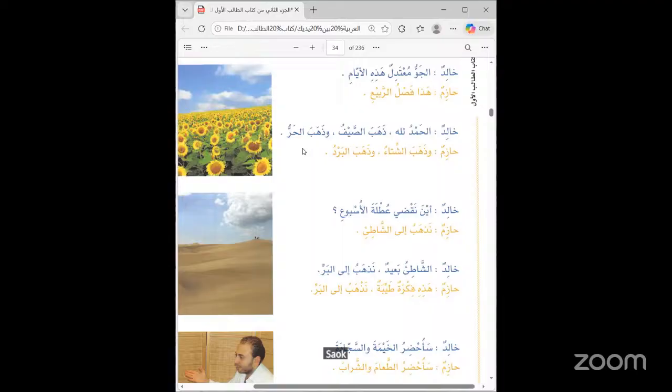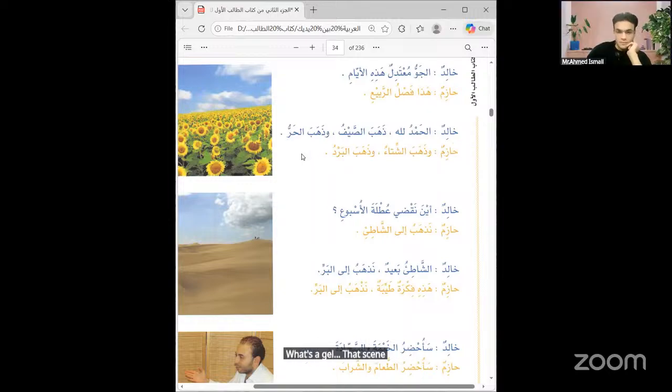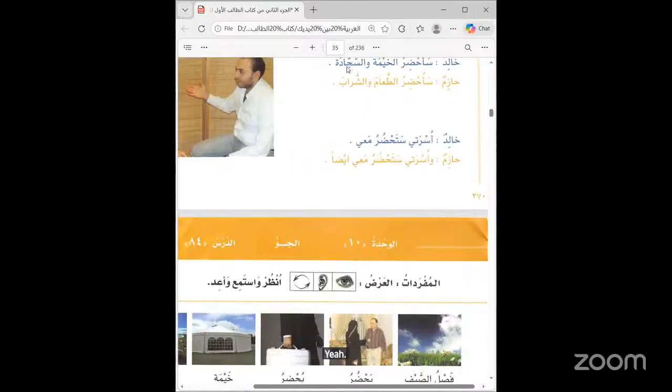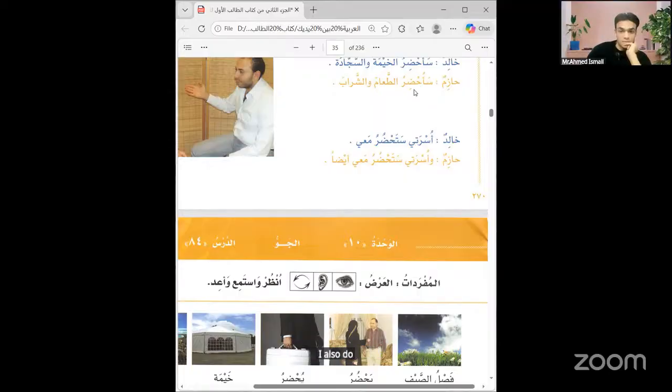سأحضر الخيمة. خيمة. خيمة والسجادة. والسجادة. أوكي. وأسرتي سأحضر، ستحضر معي أيضا.